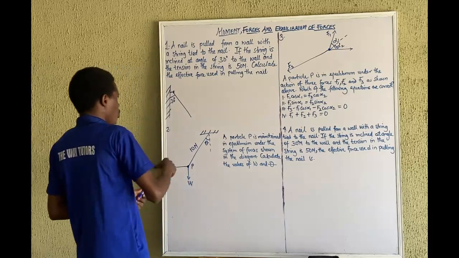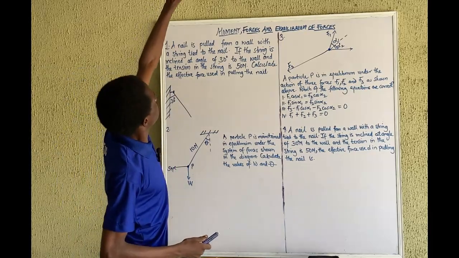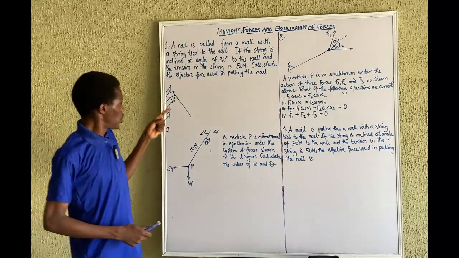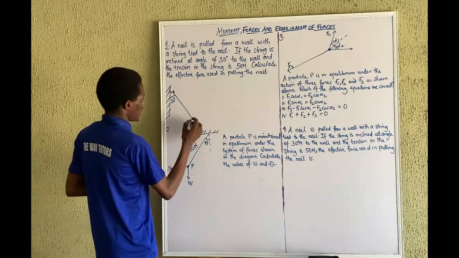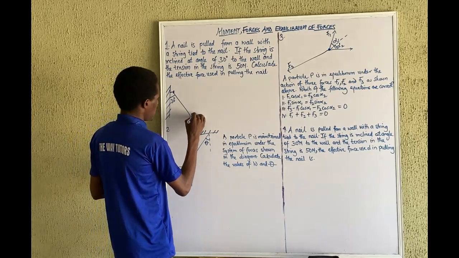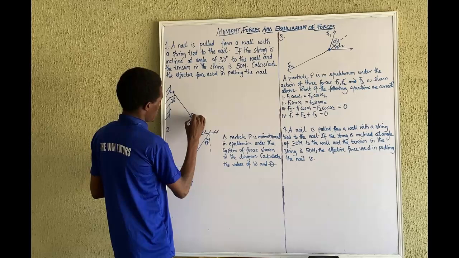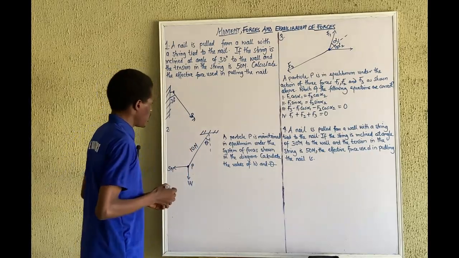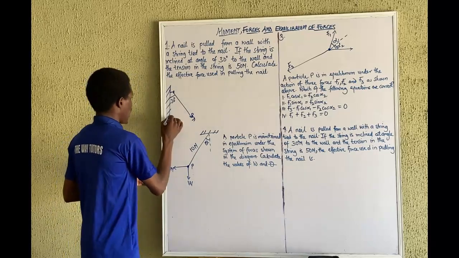For you to pull the nail, I have to pull the nail like this. So let's have the boy that is pulling it down. Can you see? This boy is doing work.